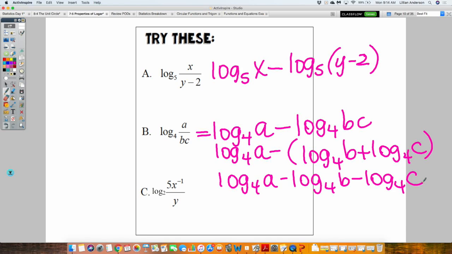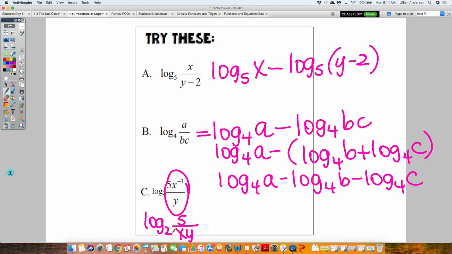Now, the last one. My suggestion to you, simplify this before you expand it. When you have a negative exponent, put it down to the bottom. So technically this becomes 5 over xy. And so then it pretty much turns into b. Okay?